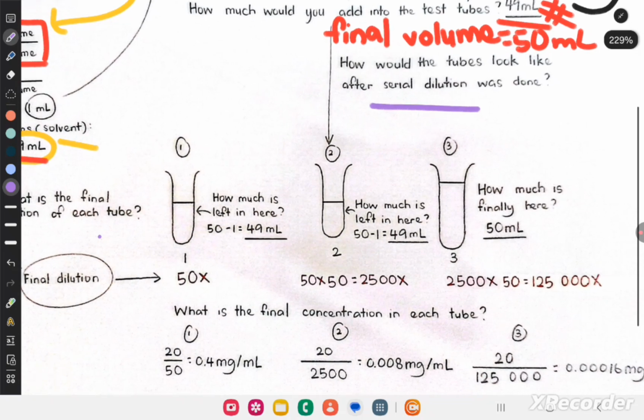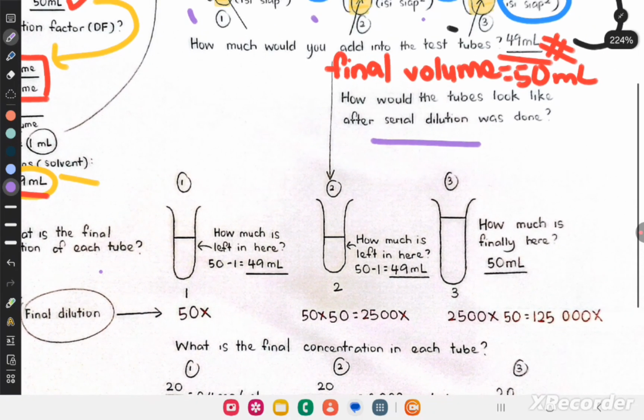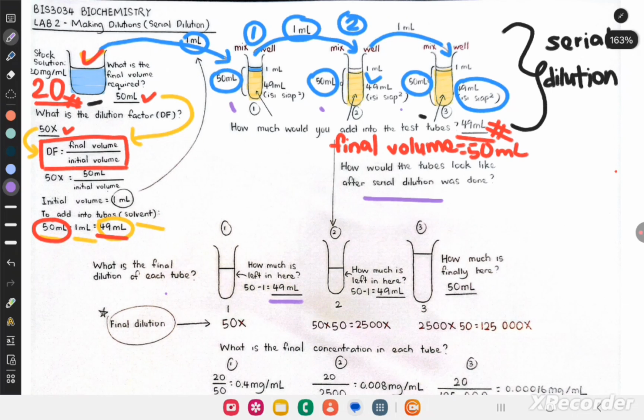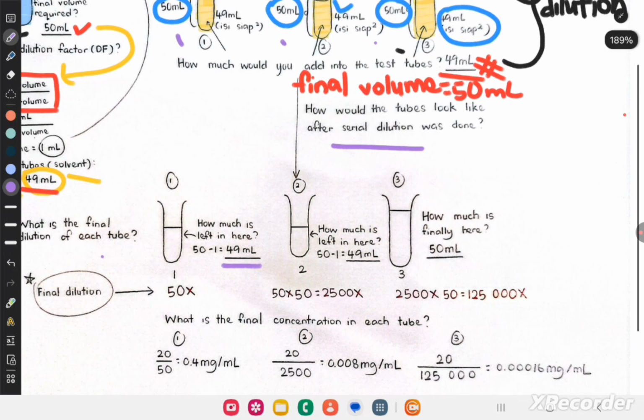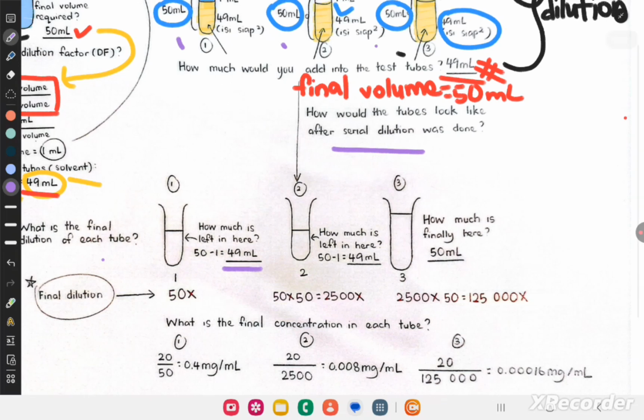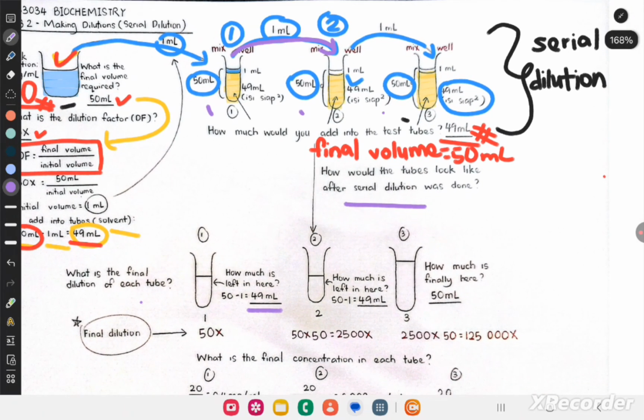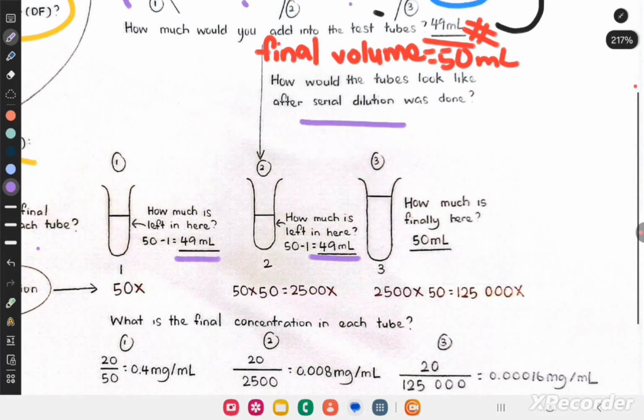Obviously the first tube will have 49 ml left, because we transferred 1 ml from the first test tube to the second test tube. The second test tube is also the same, because it transferred 1 ml to the third test tube, so it becomes 49 ml again.